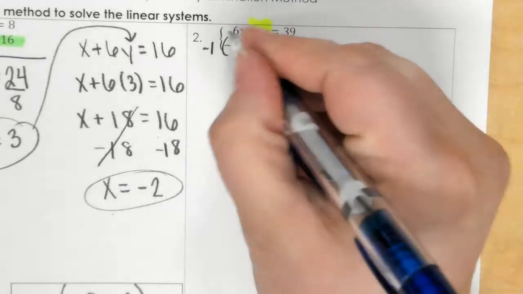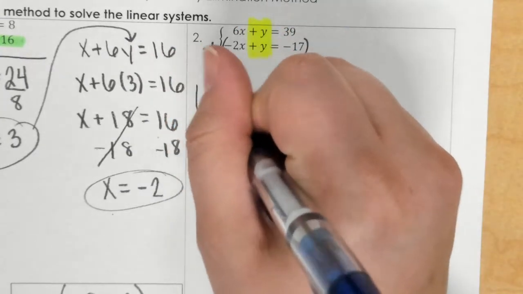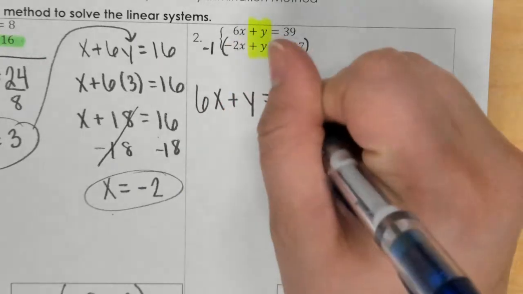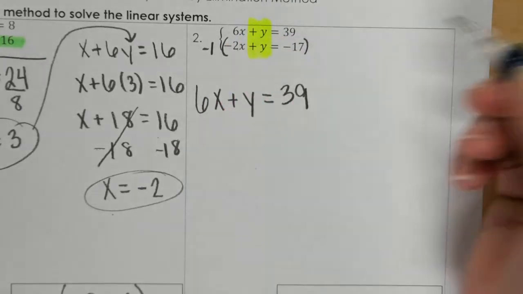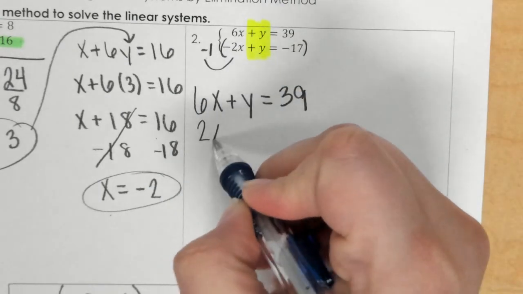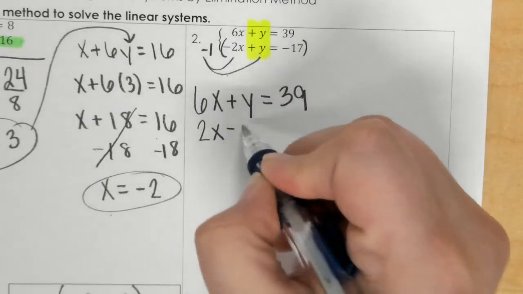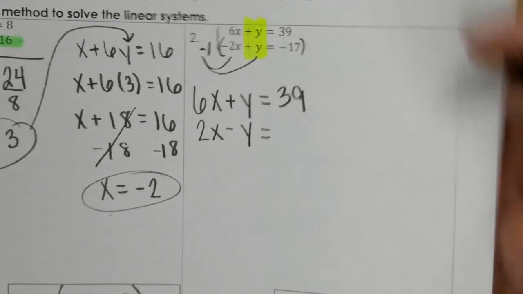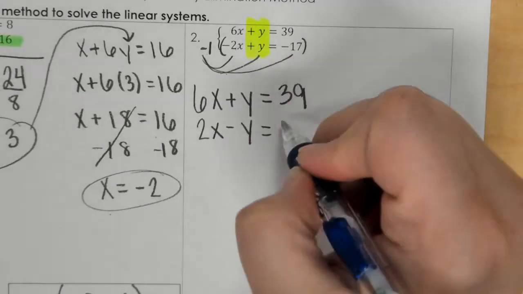So I would have the top equation stay the same. Second equation, I'd multiply by negative 1 and get positive 2x, negative y, or negative 1x, and then positive 17.